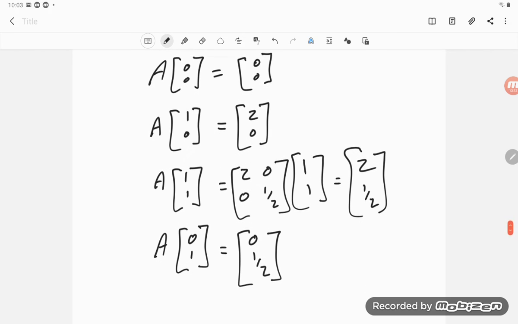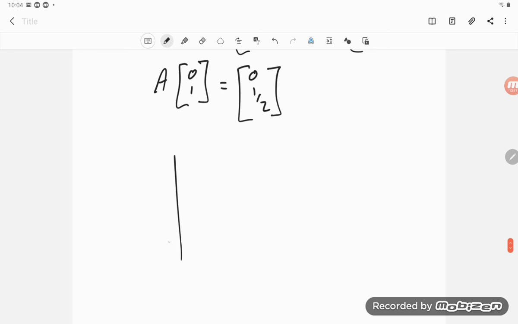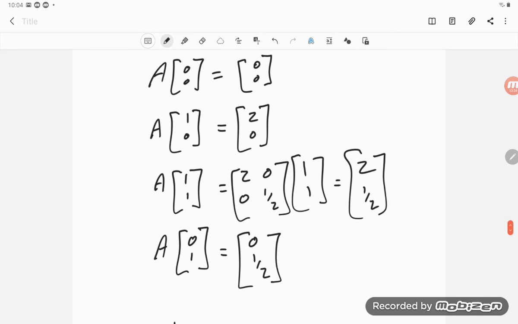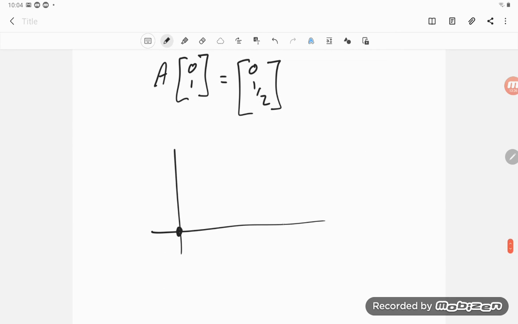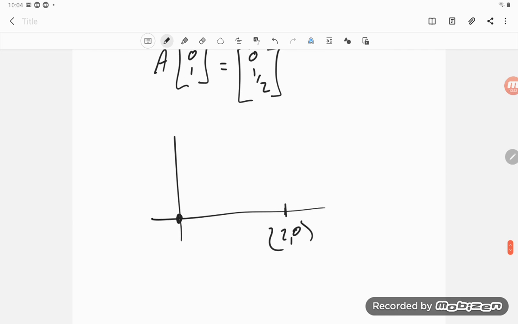And so now I can look at those vectors as my 4 corner points. And if I do that, what has this scaling transformation done? Well, I still have something at 0, 0. Then the 1, 0 became 2, 0, so maybe I'm out here at 2, 0. And then the 1, 1 became 2, 1/2. And then I was finally at 0, 1/2.